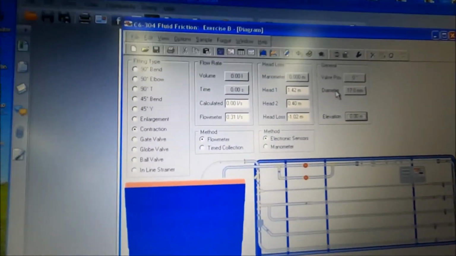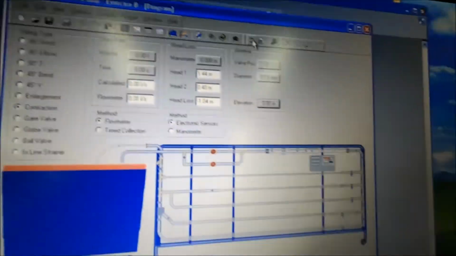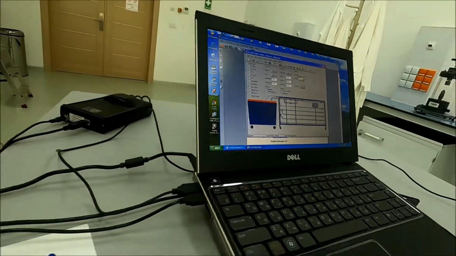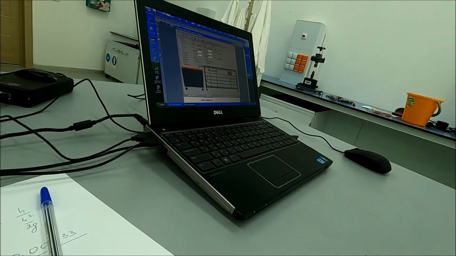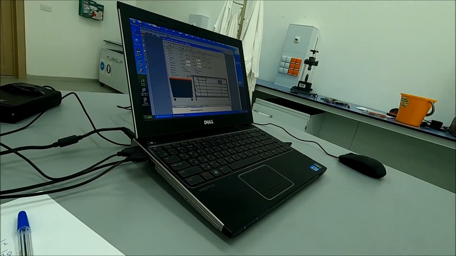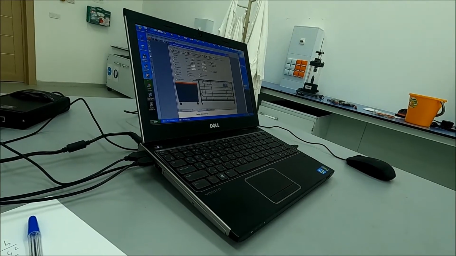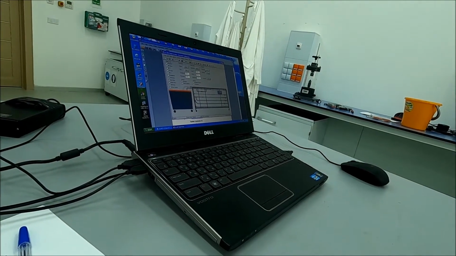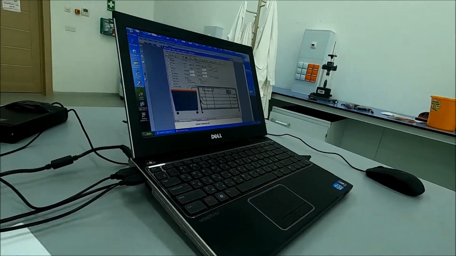Okay, good. Let's take readings here. Let's increase to 0.35.